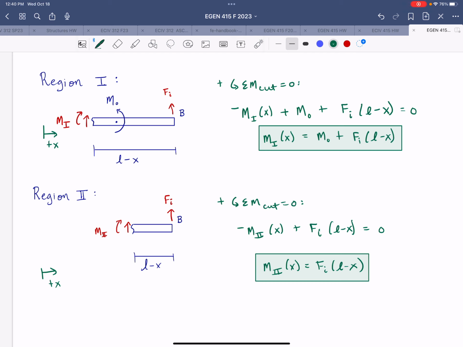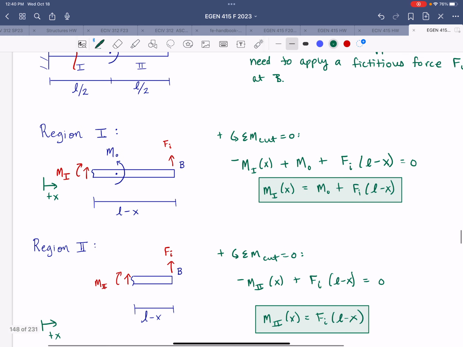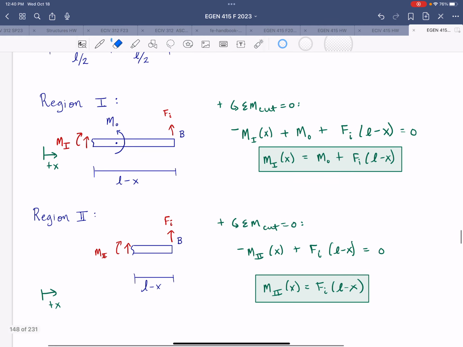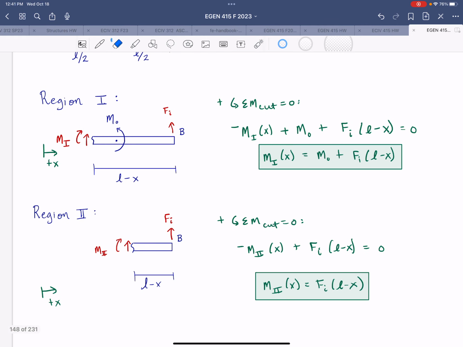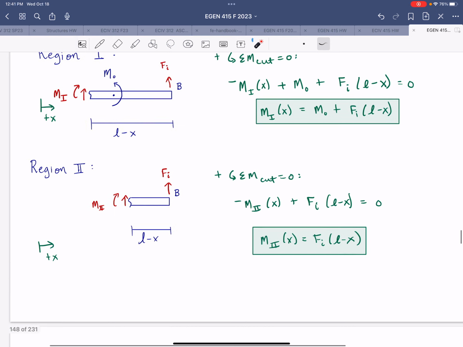Now, interpreting that to reality, we know the real situation doesn't have a force here, so there should be no moment in region 2. That moment should be 0 between the midspan and the free end. And so knowing that that is going to eventually go away and it won't represent the physical situation, that makes sense.